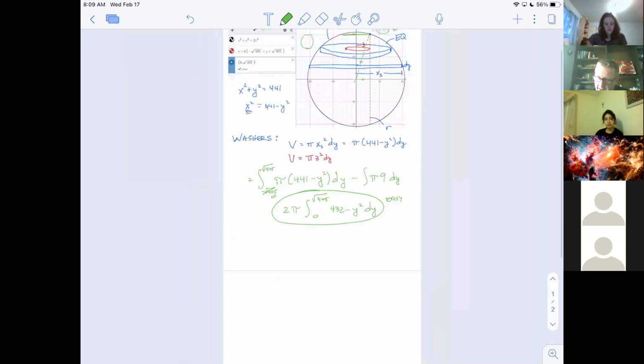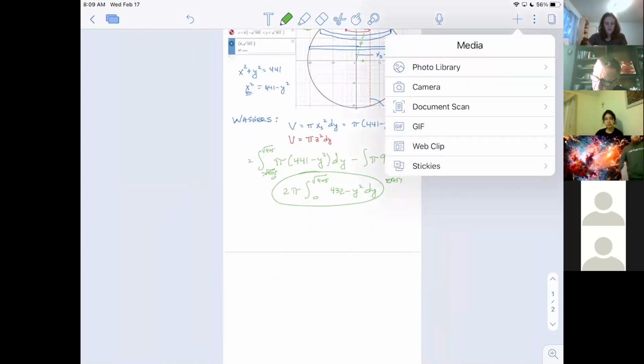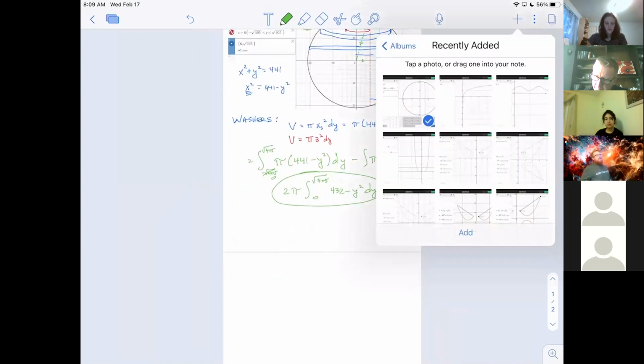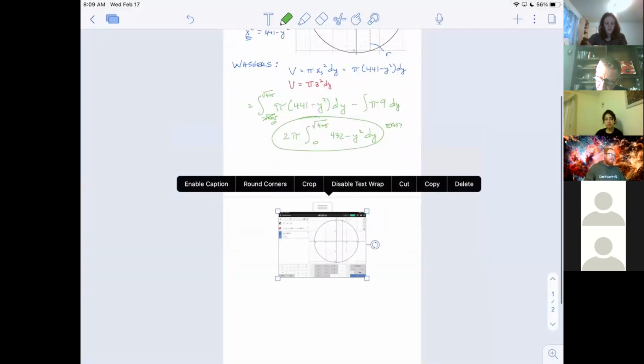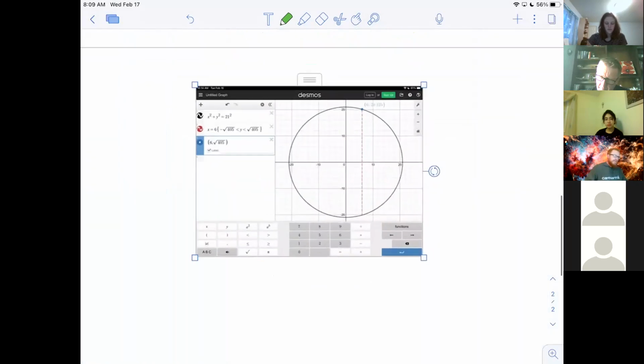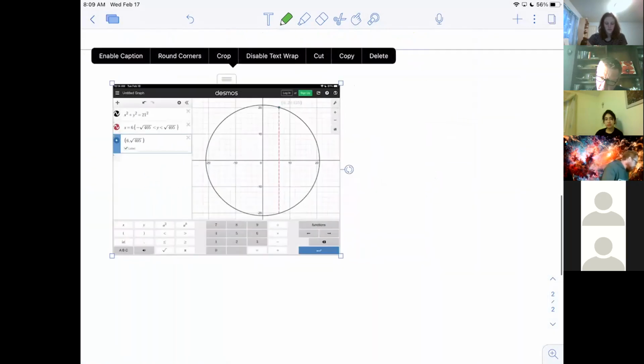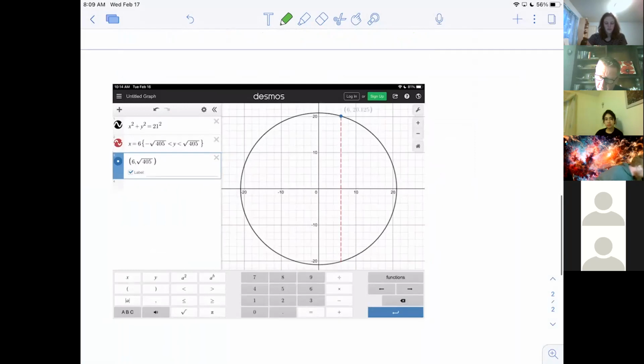Now, let's try this again quickly, just for your conceptual power, with shells. I'll try to go quickly here so that we aren't wasting too much time. So with the shell, what you're saying is I would really like to make a chop right here.